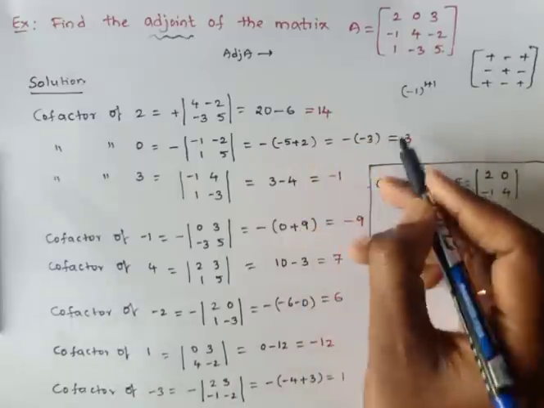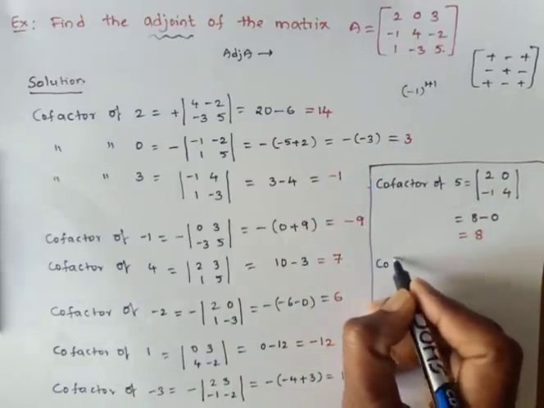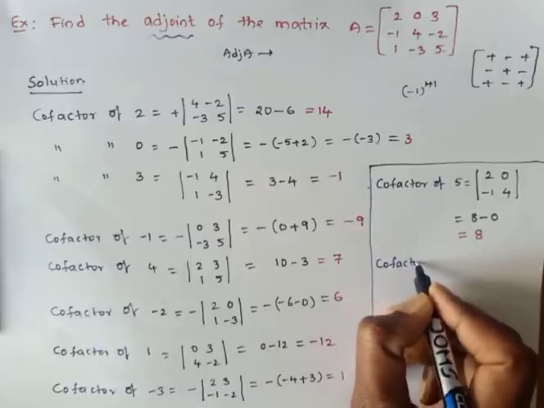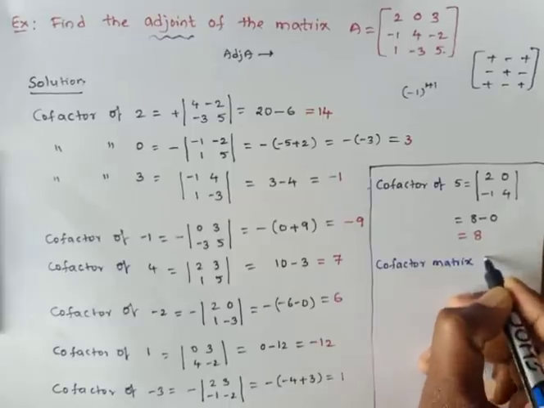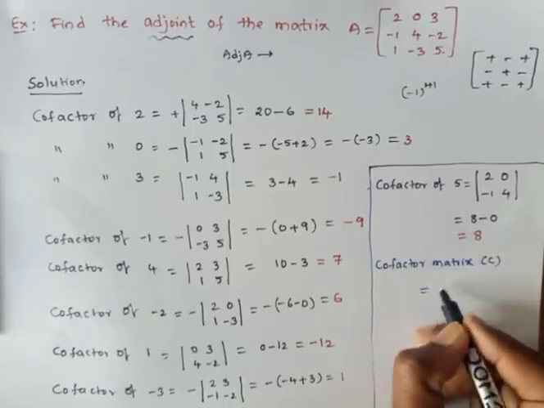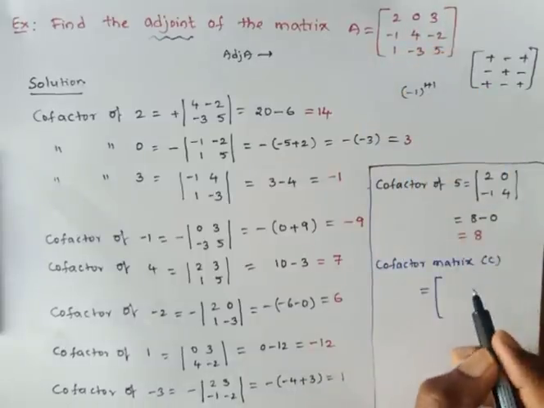Now by using all these cofactors, we can express the cofactor matrix, that is C, by replacing all these elements with their cofactors.